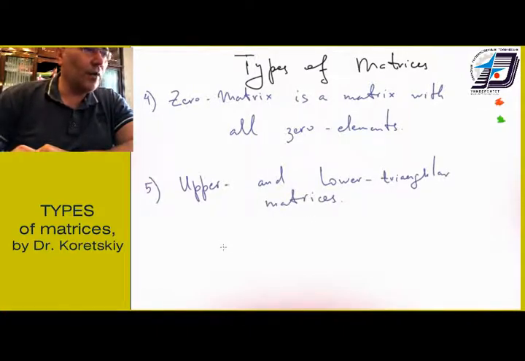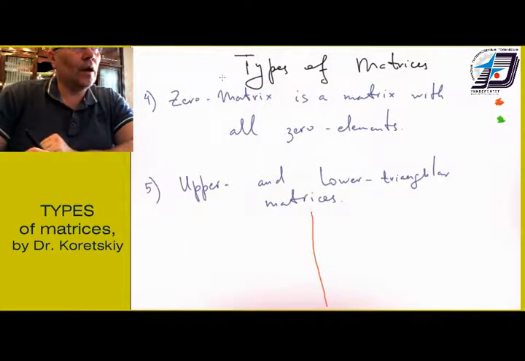An upper triangular matrix is a matrix with all elements below the diagonal equal to zero, and the diagonal and upper elements are not zeros.